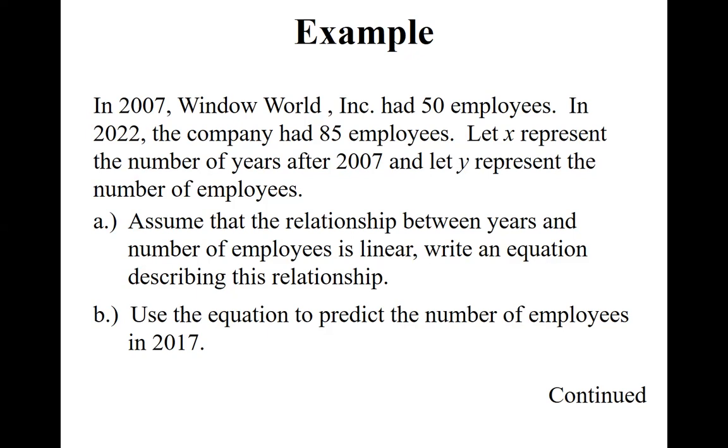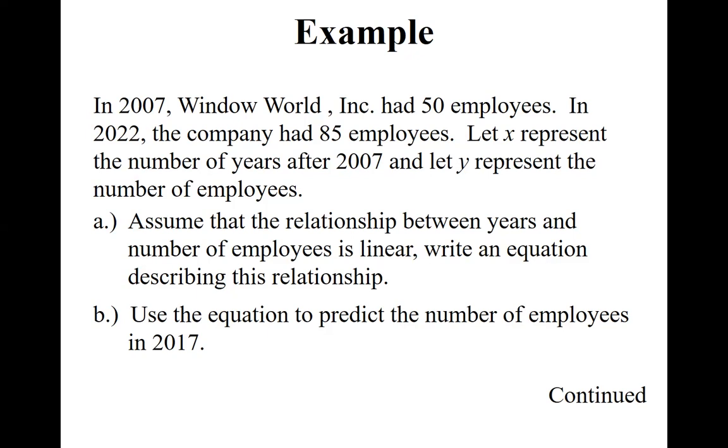So X is the number of years after 2007. Y is the number of employees. The very first sentence says in 2007, Window World Incorporated had 50 employees. X would be 0 because 2007 is 0 years after 2007. So X is 0, Y is the number of employees, Y is 50.